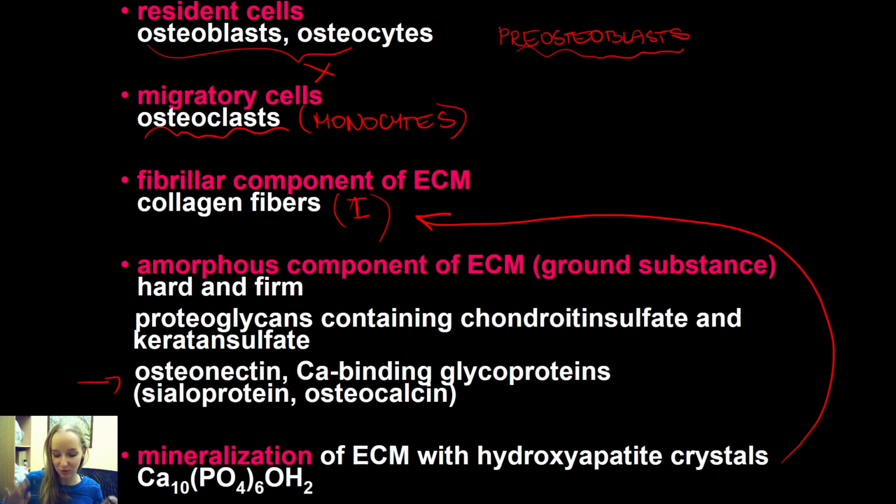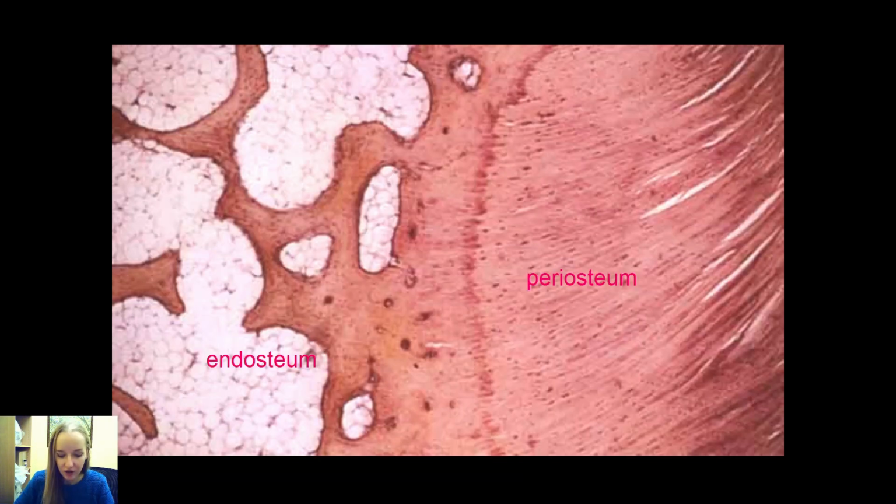So I'm going to show you the picture. Now let's have a look at how the bone tissue really looks. There is a periosteum. We have perichondrium, but we also have periosteum on the surface. Once again, it's made of dense irregular connective tissue. There is this dense irregular connective tissue right here.